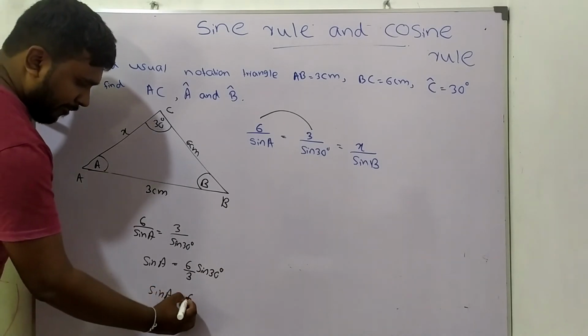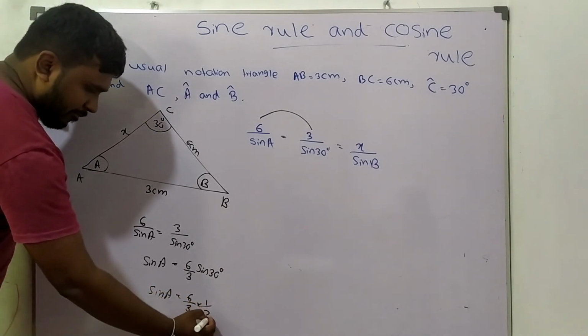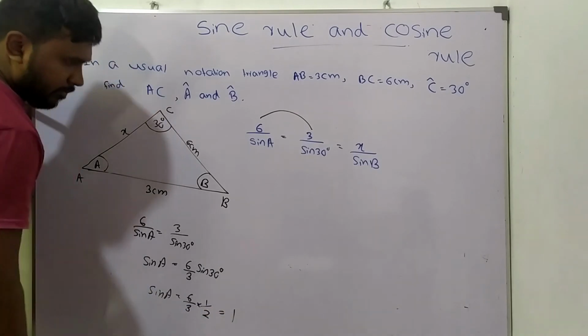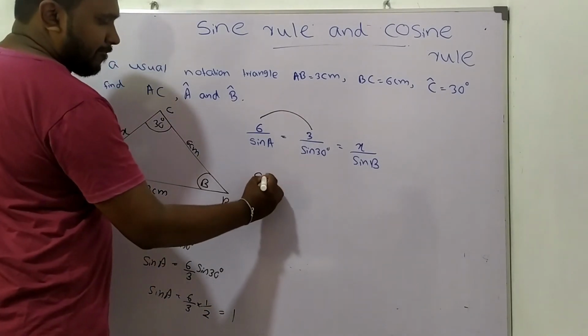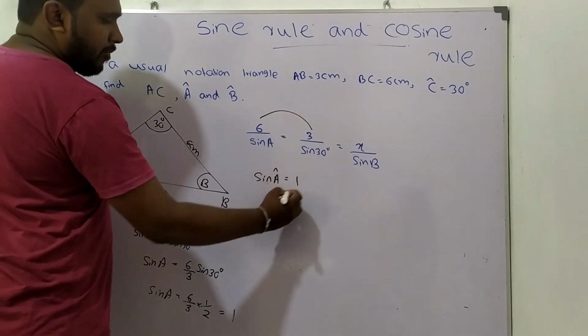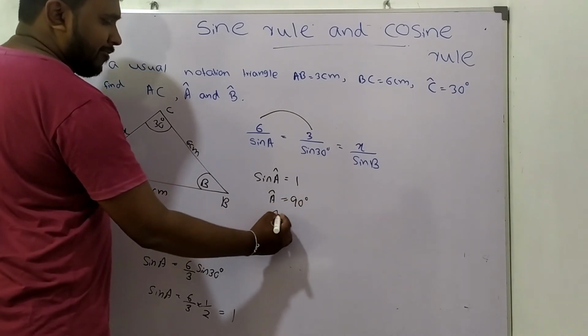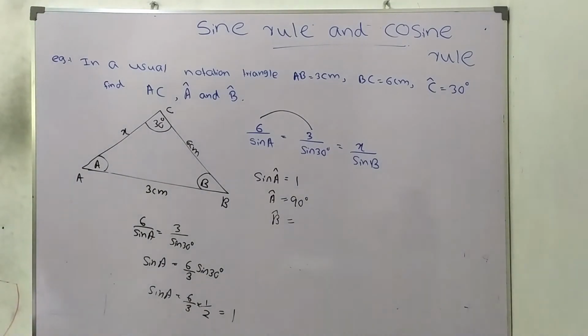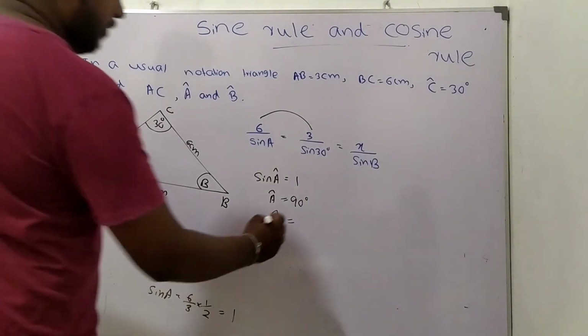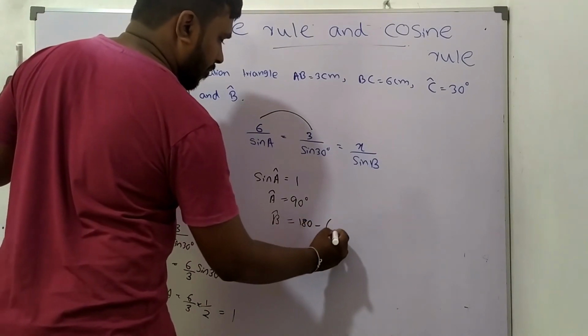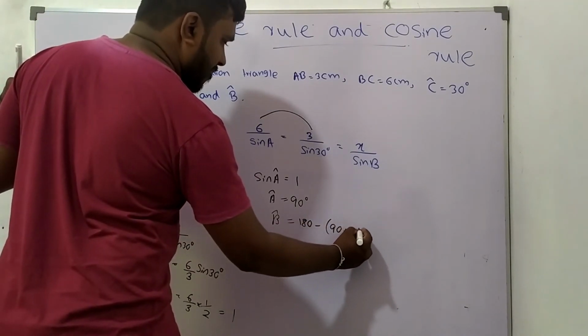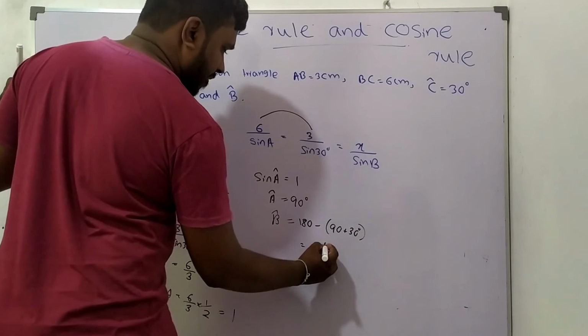So sine A becomes 1, right? Sine A is 1, which means A becomes 90 degrees. So A is 90 and B becomes 60 degrees: 30, 90 and 60. 180 minus 90 plus 30 is 60 degrees.